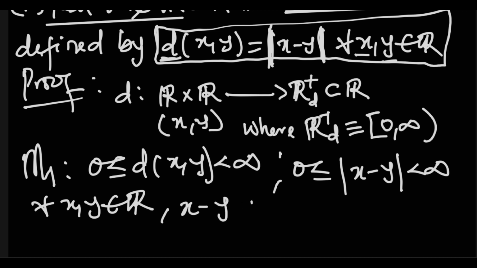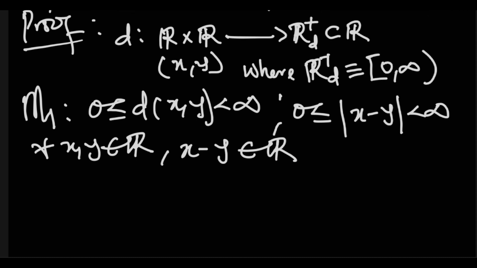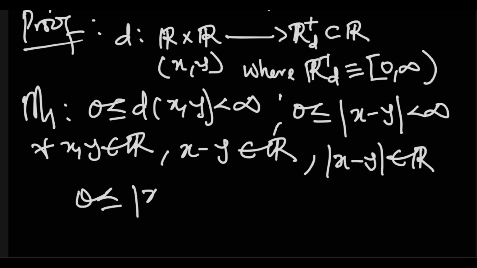If you subtract 2 real numbers, the result is also real, and if you find the absolute value, it will be non-negative, whether you subtracted positive or negative numbers.